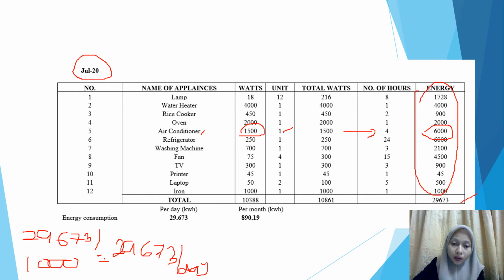So how to get per month? What we see on the baseline, the days in July is 31.